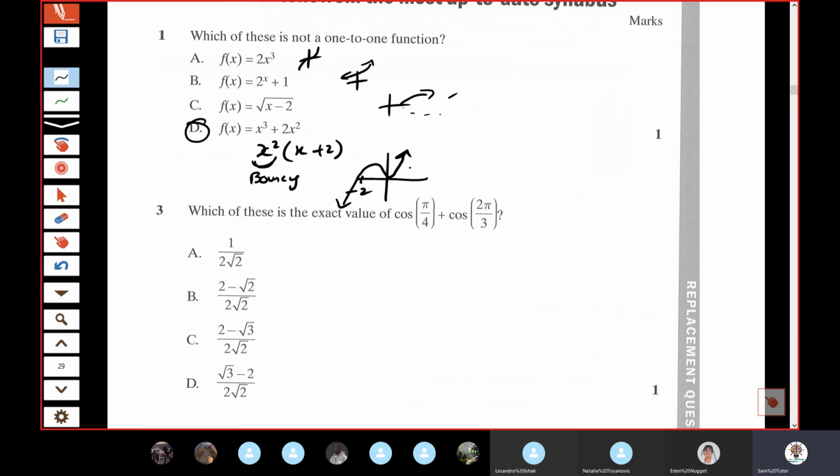Do you guys remember the rule for one-to-one or one-to-many or many-to-one? Can you tell us? Vertical line test.